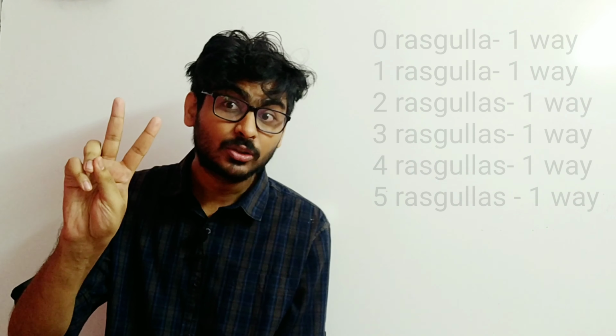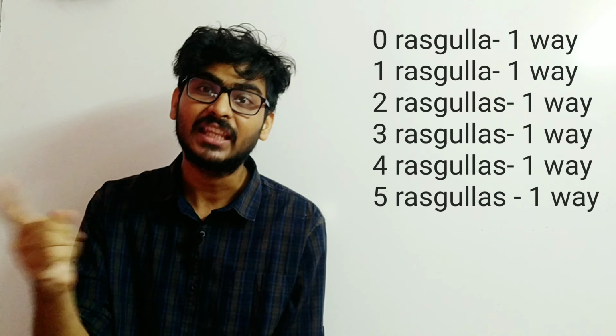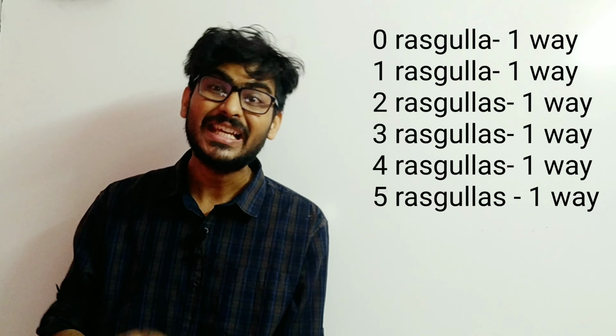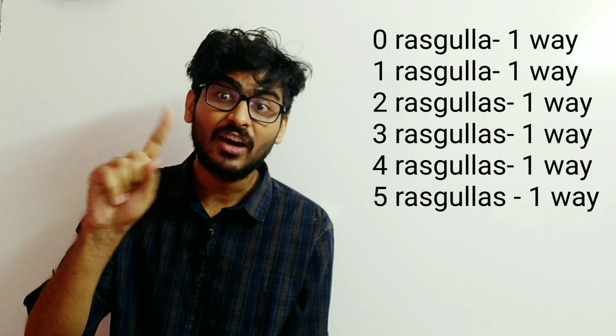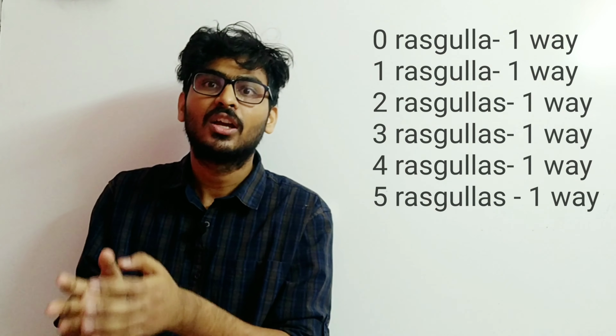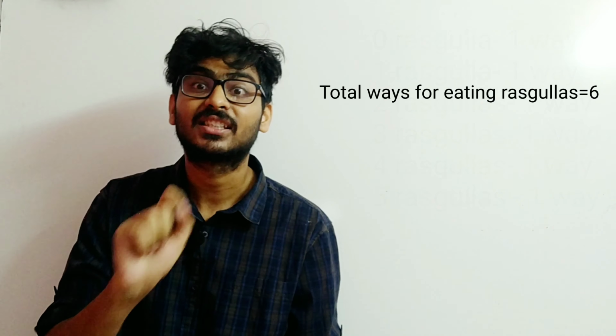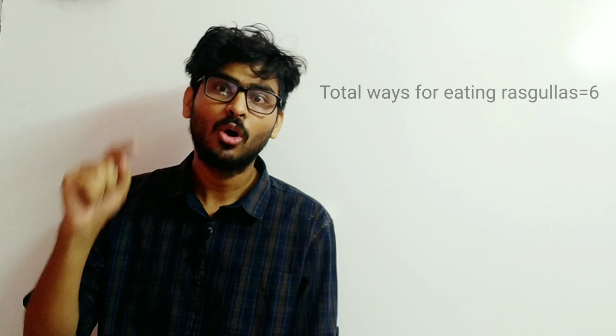You can eat 2 rasgullas in only 1 way, because rasgullas are identical, you can eat any 2 of them. You can eat 3 rasgullas in only 1 way. You can eat 4 in only 1 way. So how many total options do you have for eating rasgullas? That will be 6: 0, 1, 2, 3, 4, 5.